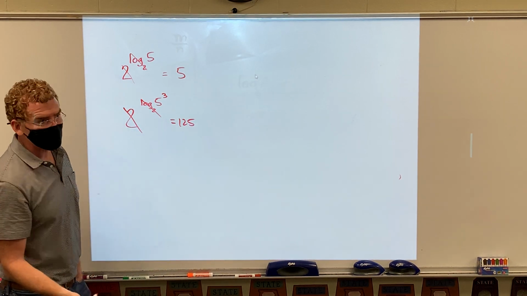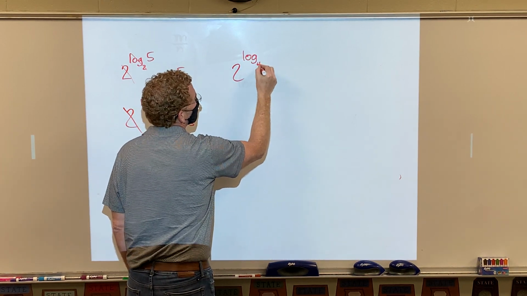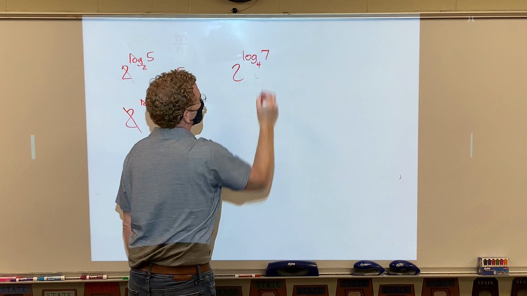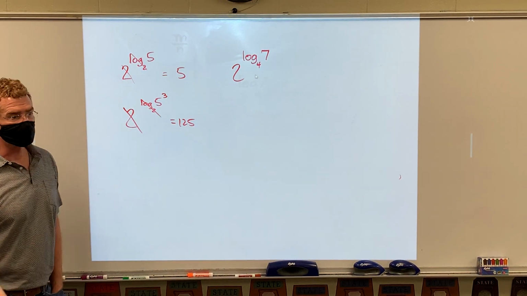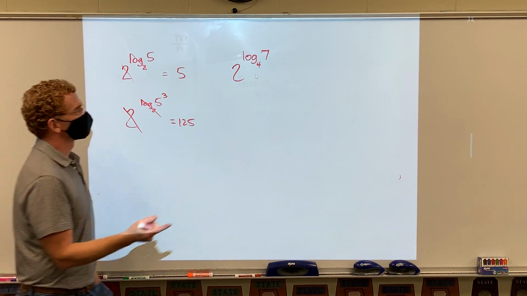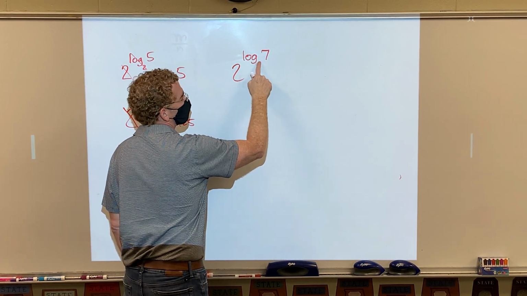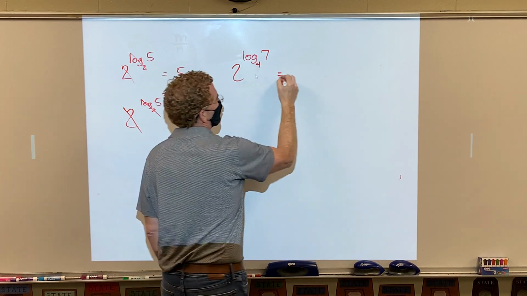But can it be uglier than that? Of course. What if I had this? Now the bases don't match. But could you make a match? How? Change that to a what? Let me just write this out.